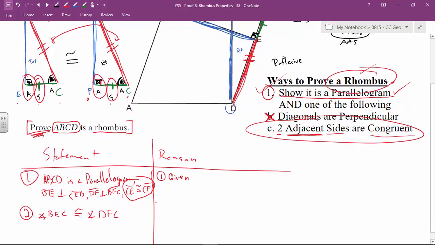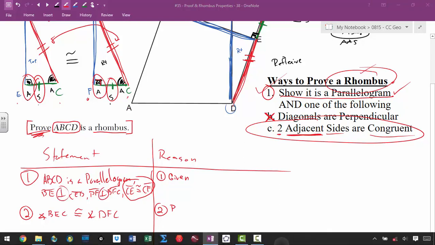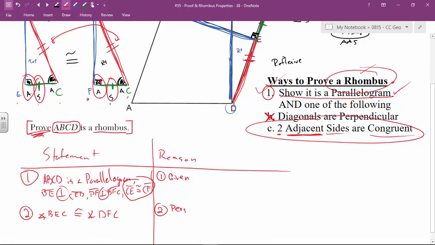Well, they're both right angles. How did I know they're right angles? We can say the thing we're given, the perpendicular lines: perpendicular lines form right angles which are congruent. So boom, that gives us an angle, this gives us a side.